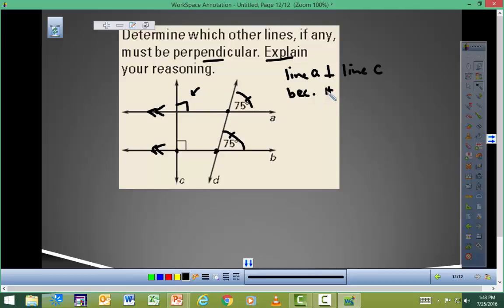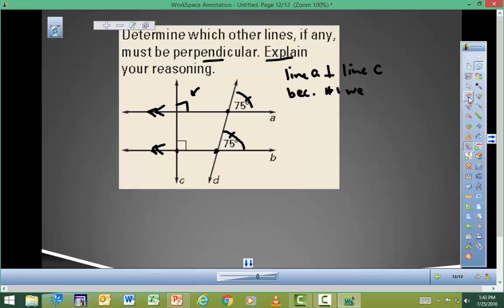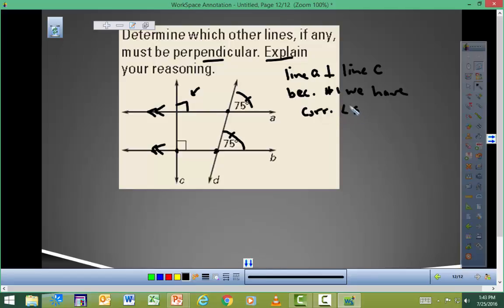Let's write this out here a little bit. We have corresponding angles that are congruent.